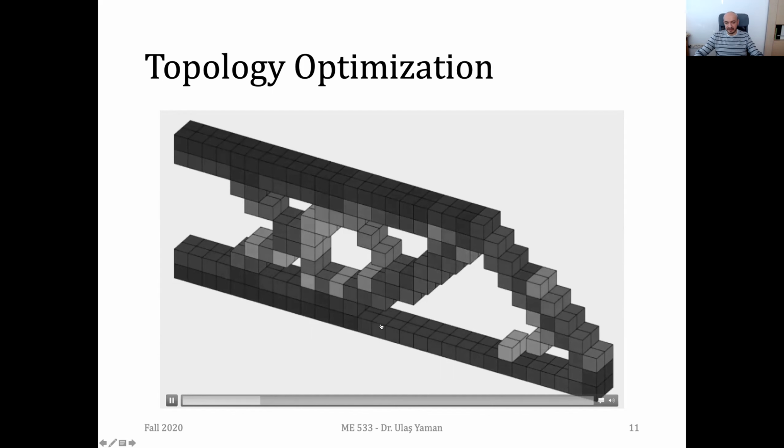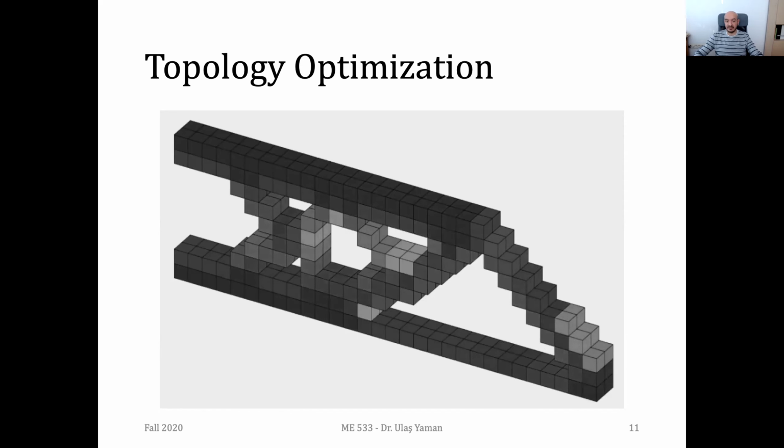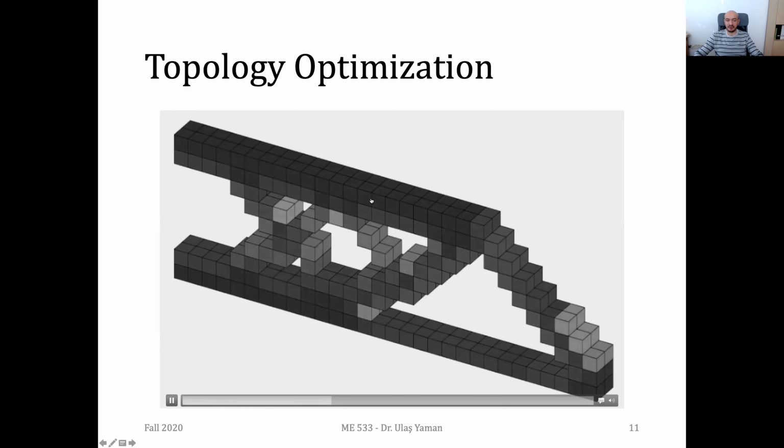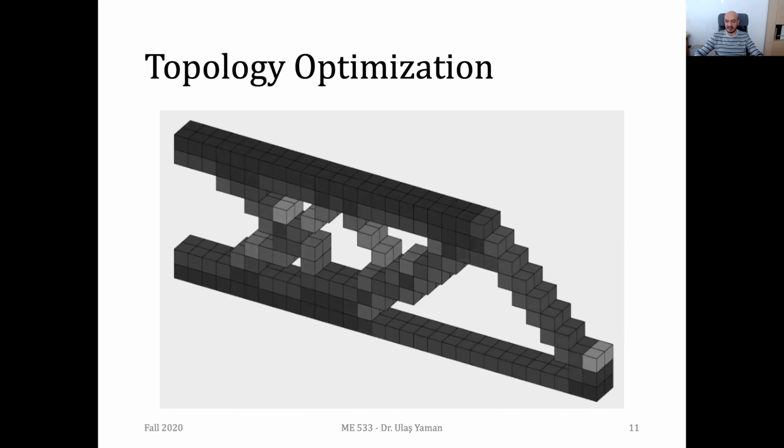By the way, the colors are showing the material density. The black ones mean that the material inside these regions should have densities of 100%, and some gray parts mean that you have about 50% of material in these voxels.